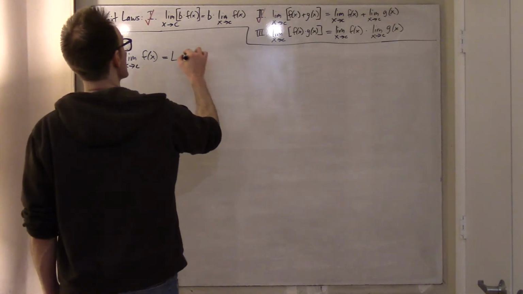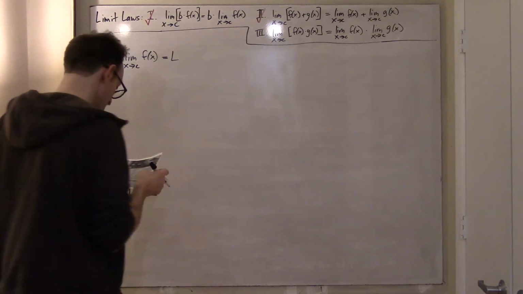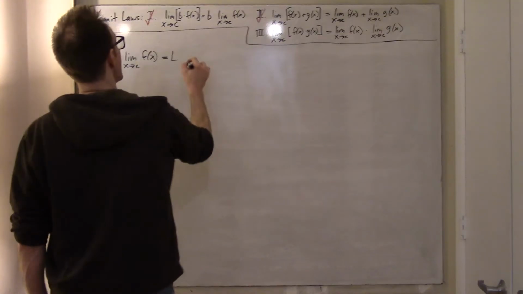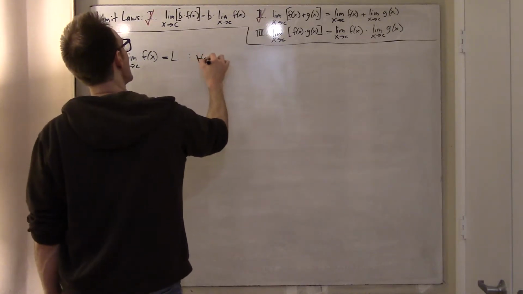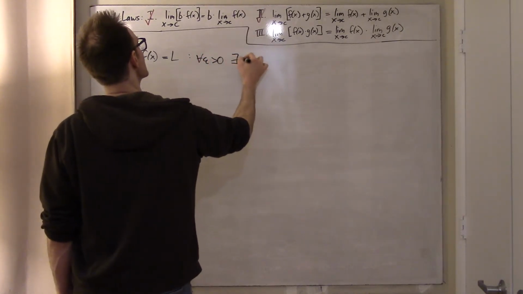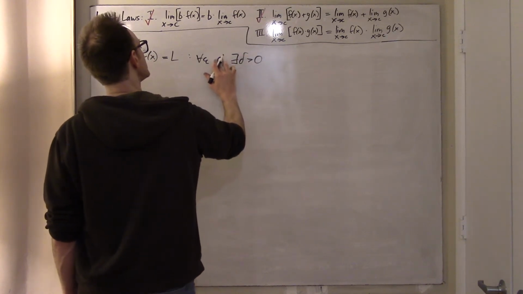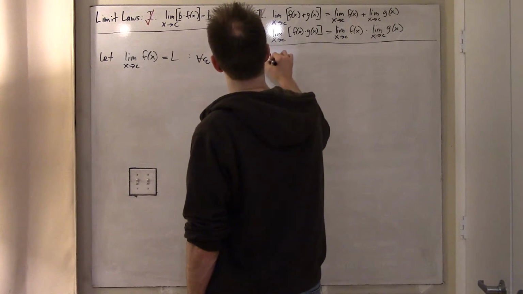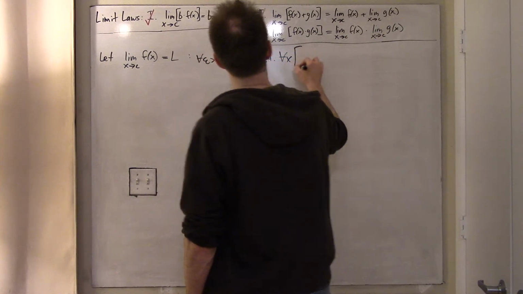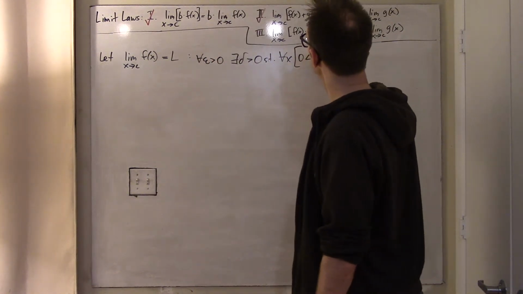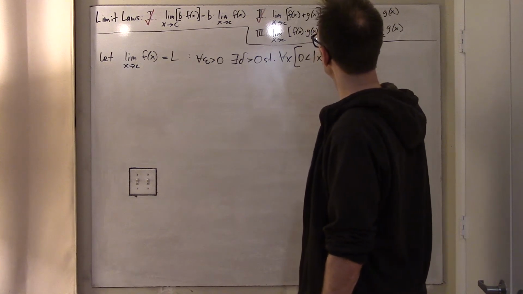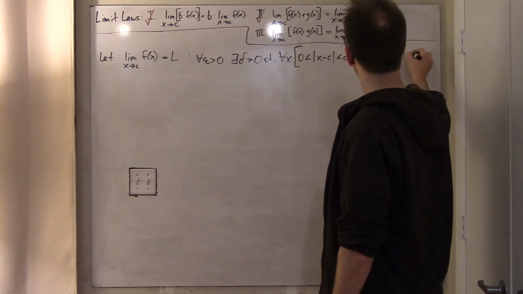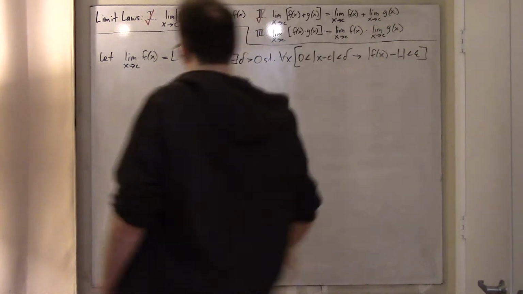It means, and now I'm going to go back to using absolute values just because, that for all epsilon greater than 0, there exists a delta greater than 0 such that for all x, if the difference between x and c is less than delta, then the difference between f and L is less than epsilon.